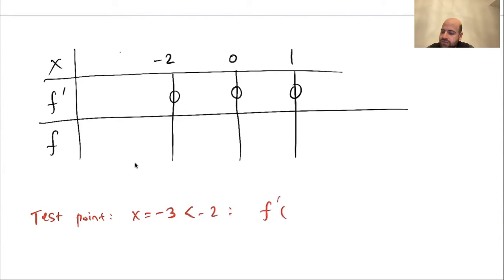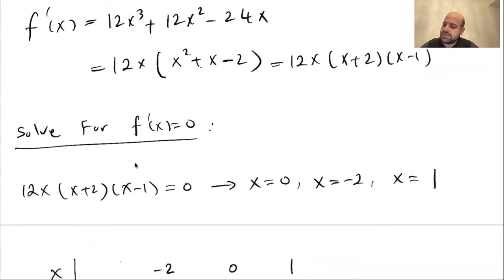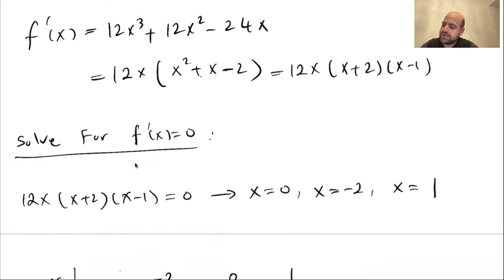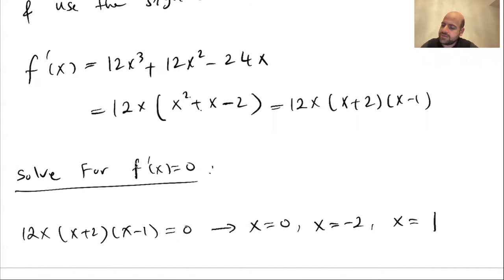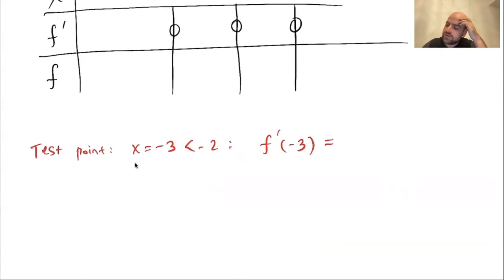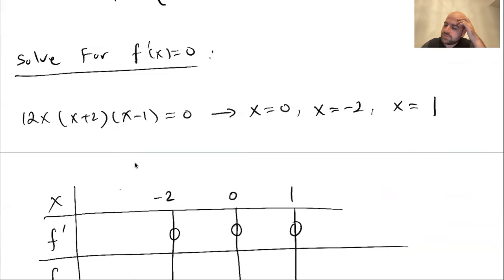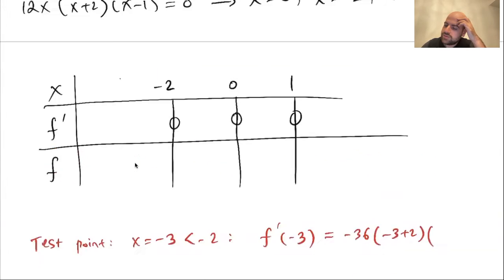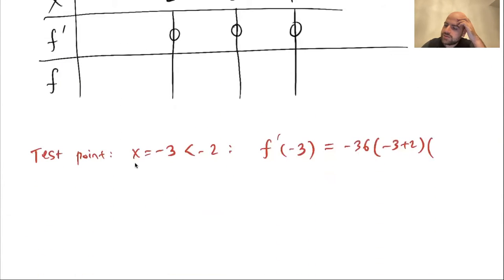Then let's find f prime of minus 3. Let's see how much it is. F prime of minus 3, if x is minus 3, this is the formula for f prime of x: 12x times x plus 2 times x minus 1. If x is minus 3, 12 times minus 3 is minus 36, times x plus 2 means minus 3 plus 2, times minus 3 minus 1. How much is that going to be?